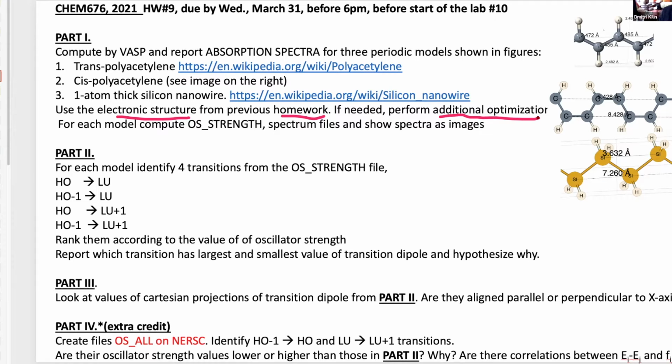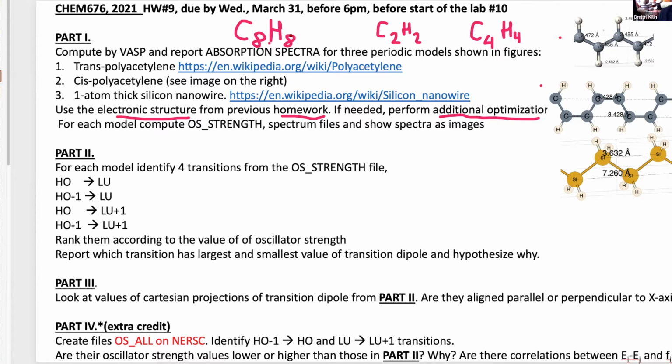Also, in one of the submitted homeworks, there was a non-equal number of atoms. Let me tell it now. So in the polyacetylene cis-trans, it should be either C2H2, or if you have 2 unit cells, it will be for cis C4H4, or if you want to do bigger, you can do C8H8.